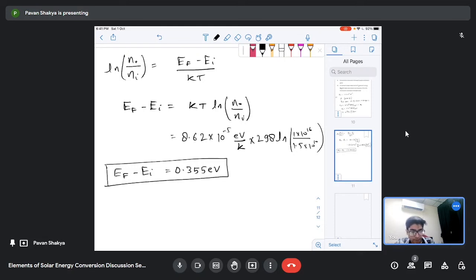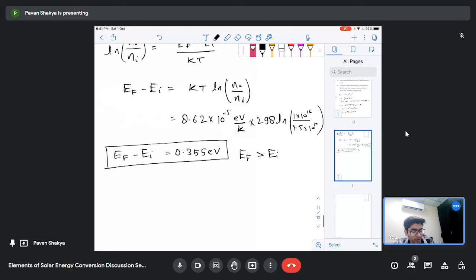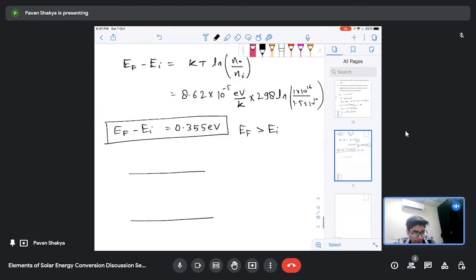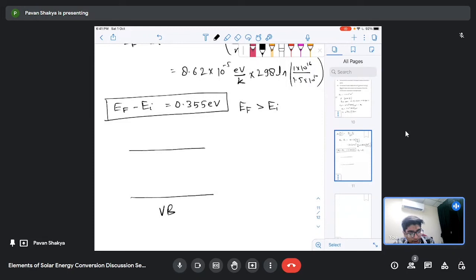What does this mean? That Ef, the Fermi level after the doping of phosphorus atoms, is greater than Ei. It means it will shift towards the conduction band. If we try to draw the band diagram, this one is the valence band and this one is the conduction band, with the energy for the valence band and for the conduction band.